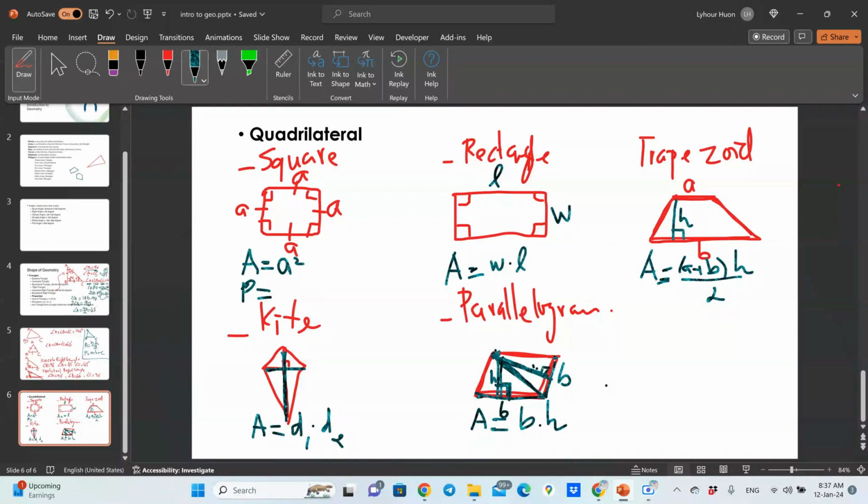Yes, adding all sides together. We know that all sides of a square are equal, so perimeter is here plus here plus here plus here. So a plus a plus a plus a.